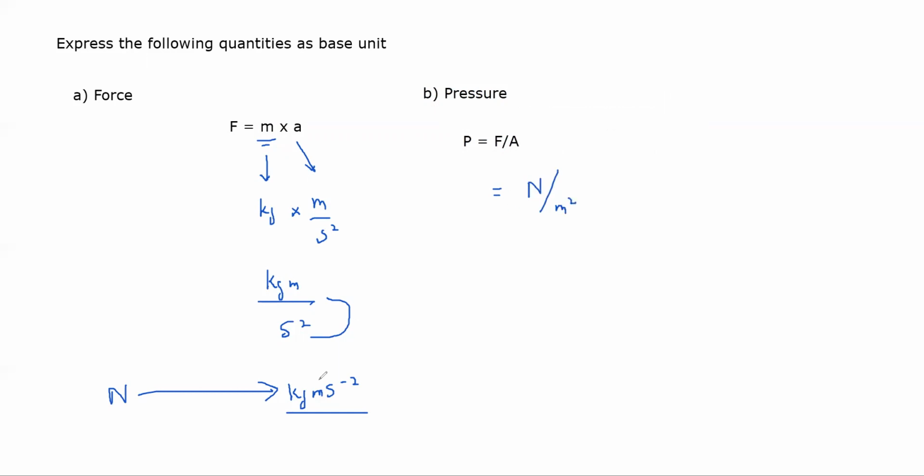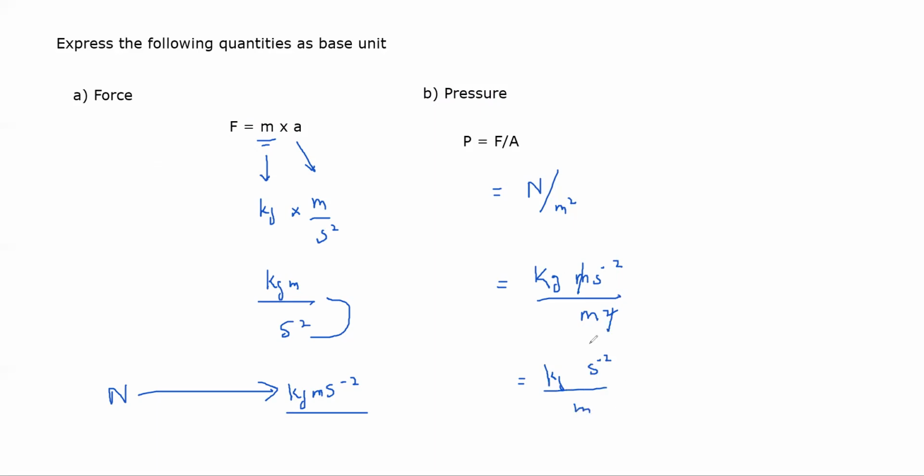But what is Newton? Newton itself is kilogram meter per second square. So in place of Newton, because we want to represent all of them in base units, Newton is kilogram meter second minus 2. And this meter square is there. So this m will cancel with this square, so it will be kilogram second minus 2 divided by meter.